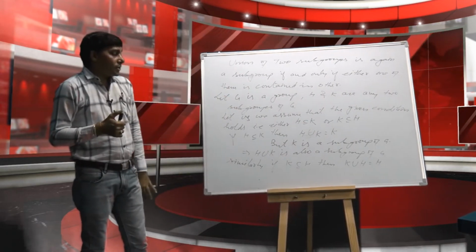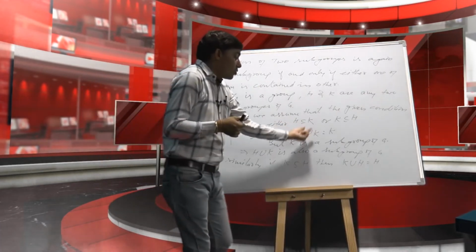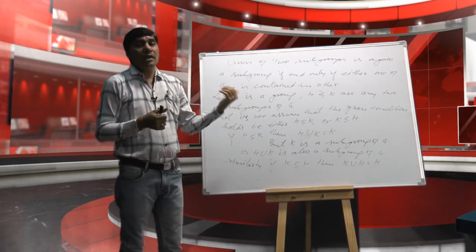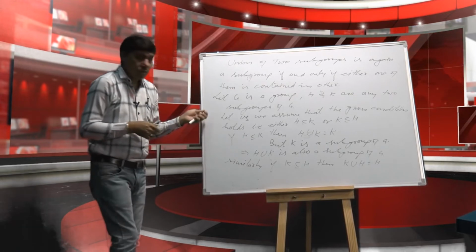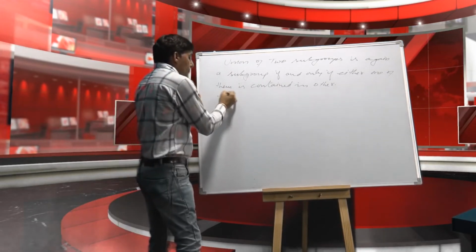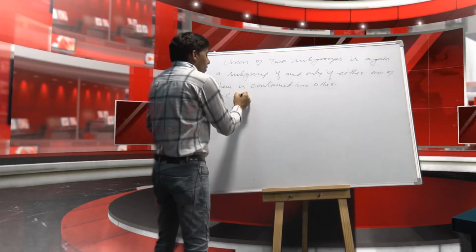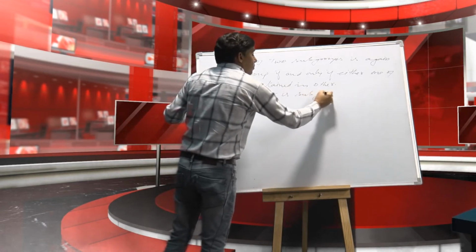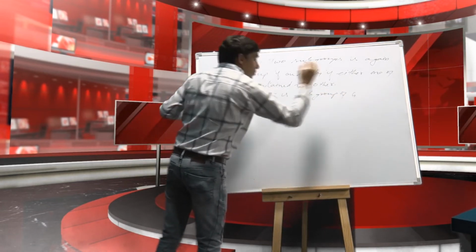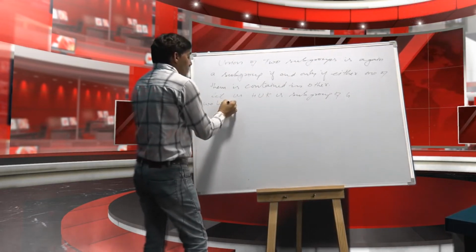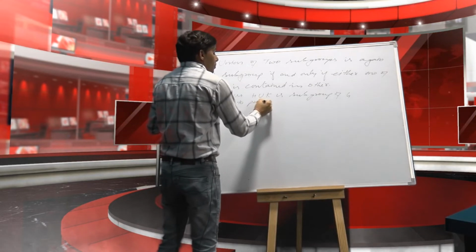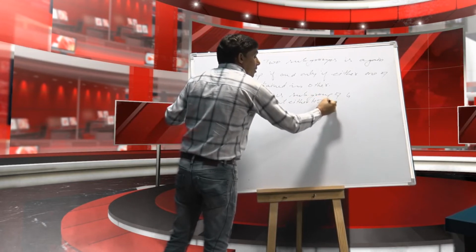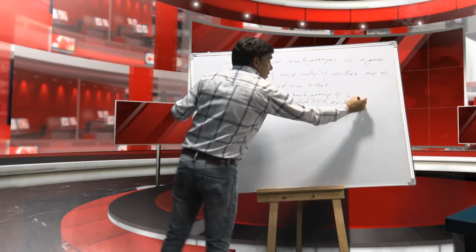Conversely, we have to prove that if H union K is a subgroup, then either H is contained in K or K is contained in H. Let H union K be a subgroup of G. We have to prove that either H is contained in K or K is contained in H.